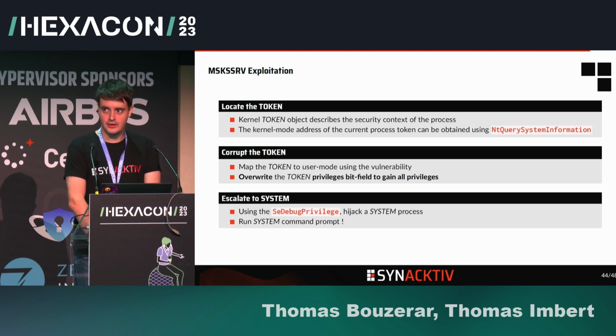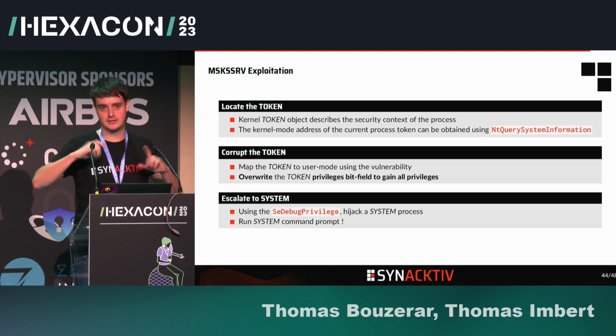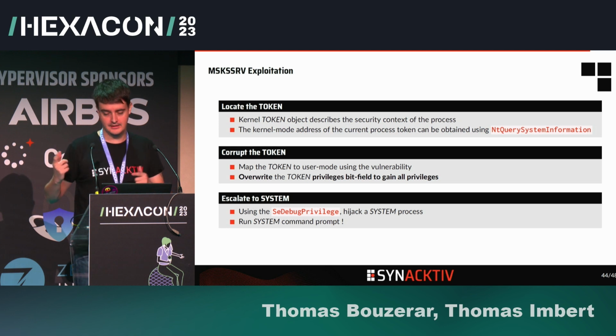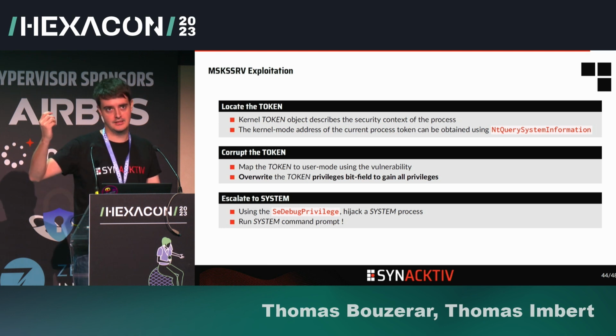And usually for privilege escalation, what we want to target is the process token, which is the thing that describes the process security context, so the user running it, the groups, and the privileges. So we can just use this API to get the kernel mode address, and then use the vulnerability from the driver to map it to user mode with read and write.